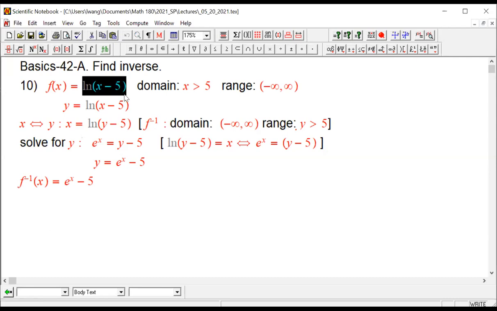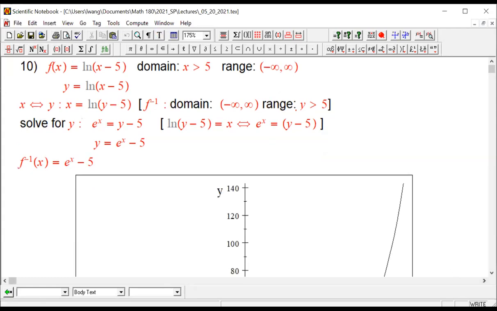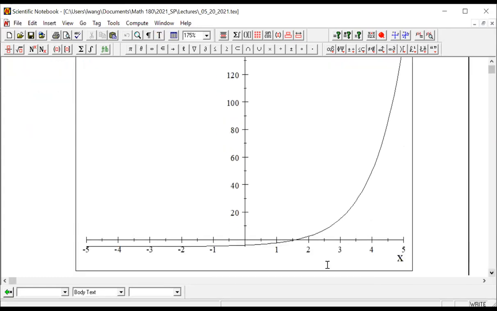We know how to do this graph, right? ln x shifted to the right by 5 units, and e to the power x shifting down by 5 units. And you sketch these two in one picture, right? So this picture will give us just shifting down by 5 units.